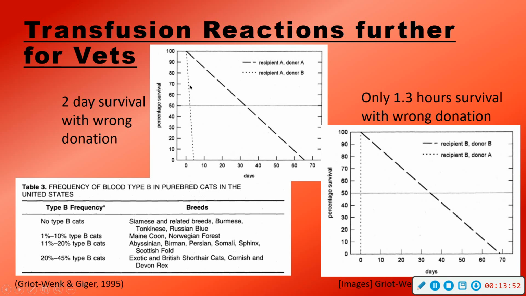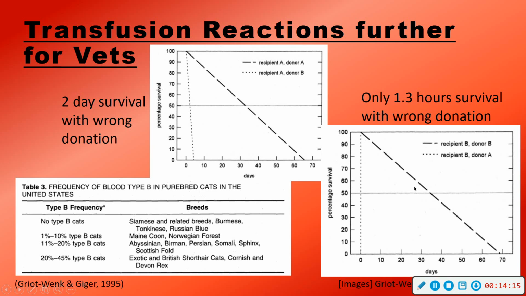But this dashed line here is the cats that were type A but got type B. On average, those cats survived 2 days. So it's safe to say they didn't survive that transfusion. Two days, that's a failure.